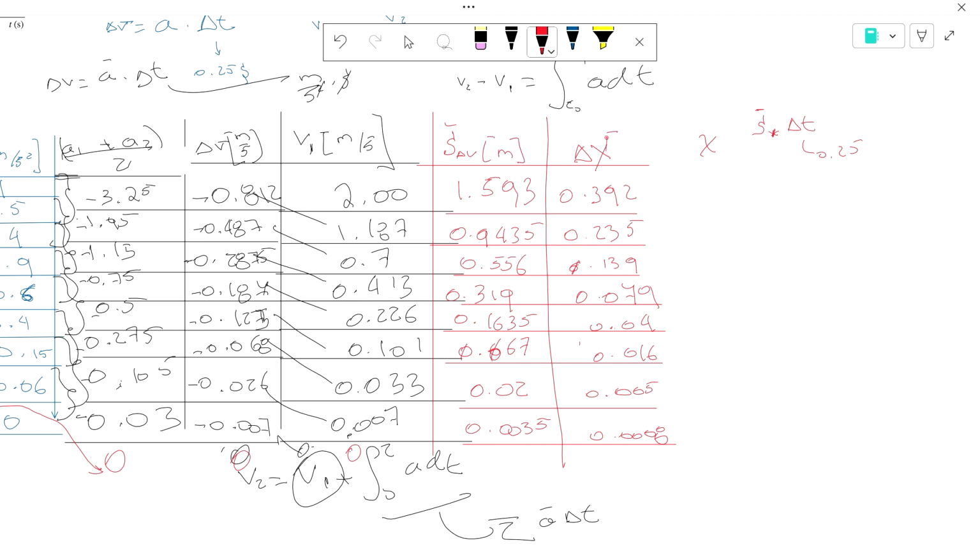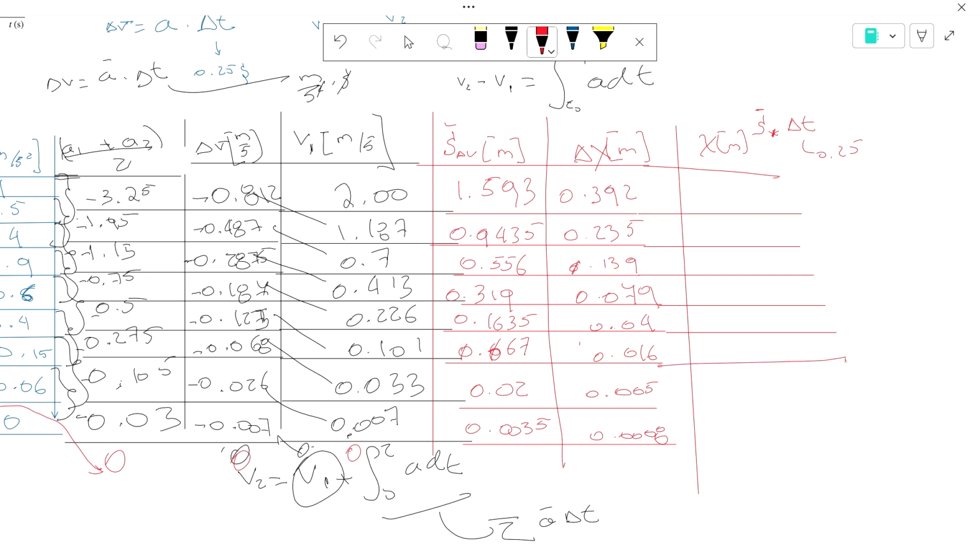So for that, we're going to continue our table where we're going to use the values from delta x to find our displacement.